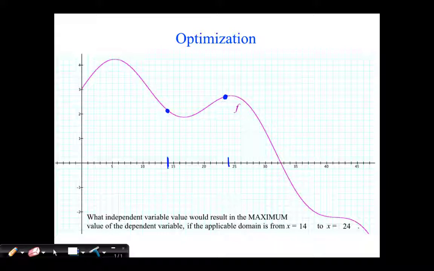This time it looks like the right endpoint is the highest. There's certainly not anything in the middle that's higher than that. So it could be either endpoint. Now, if I was looking for a minimum instead of a maximum and had this domain, it wouldn't be either endpoint. The minimum, if that were the question, between 14 and 24 would occur at about 16 or 17 or so.